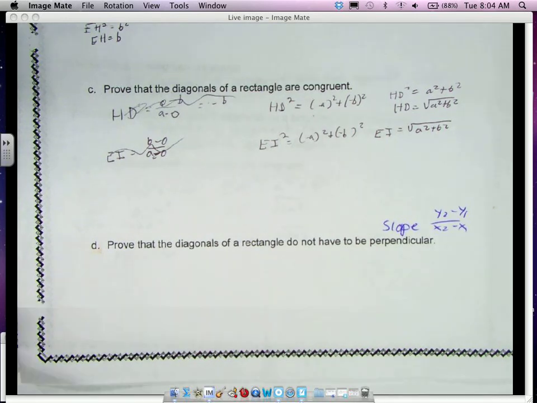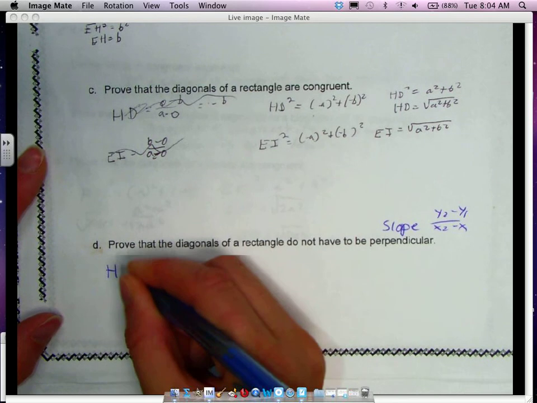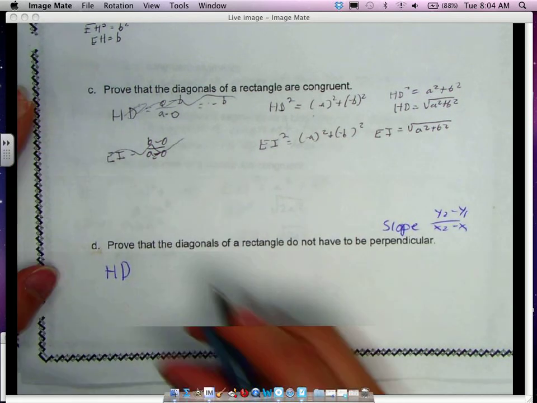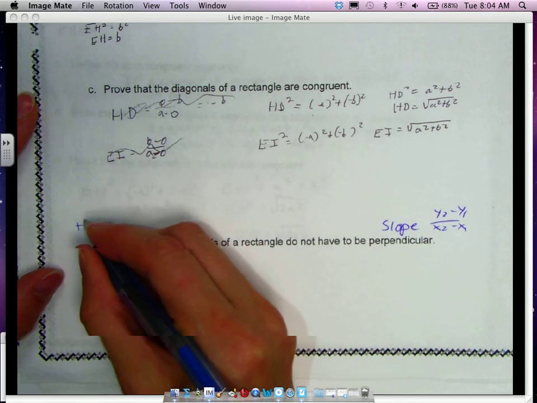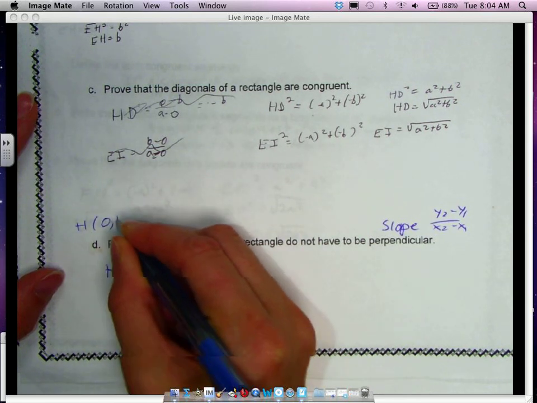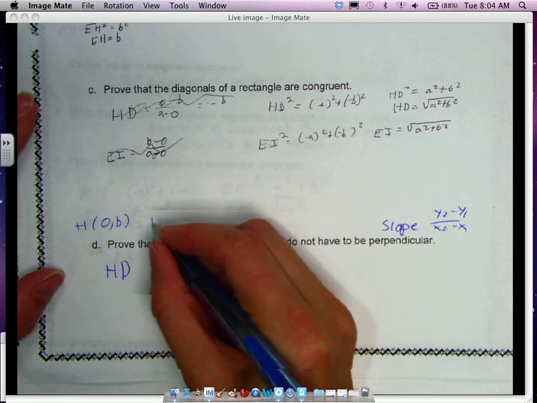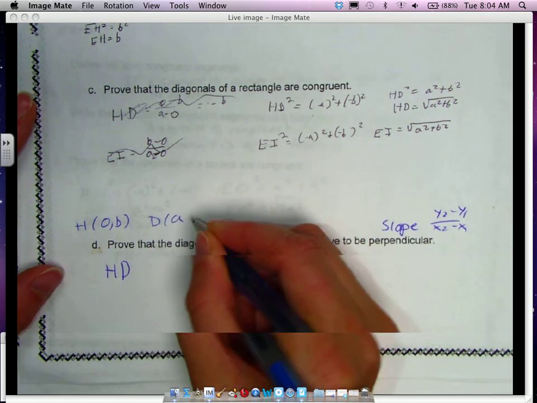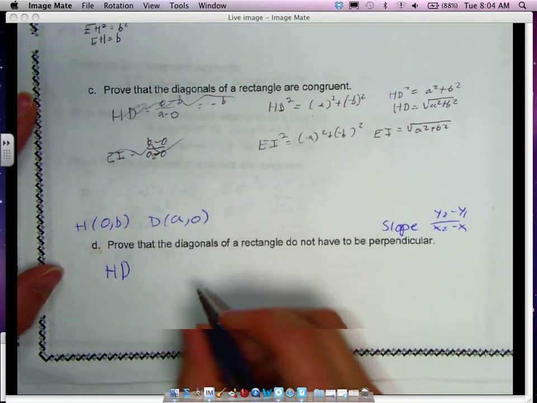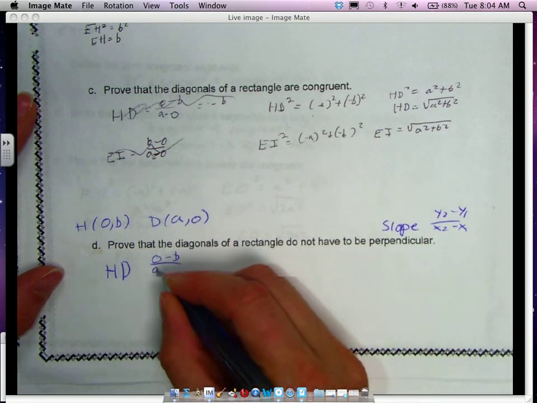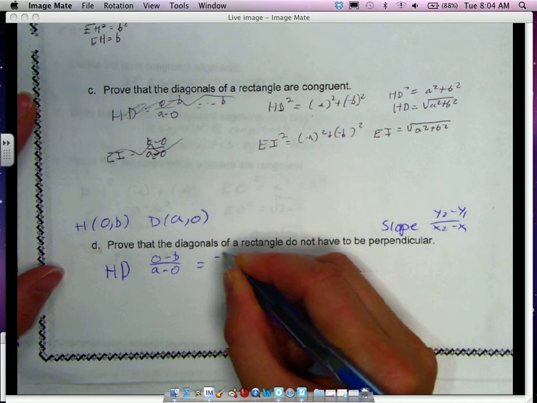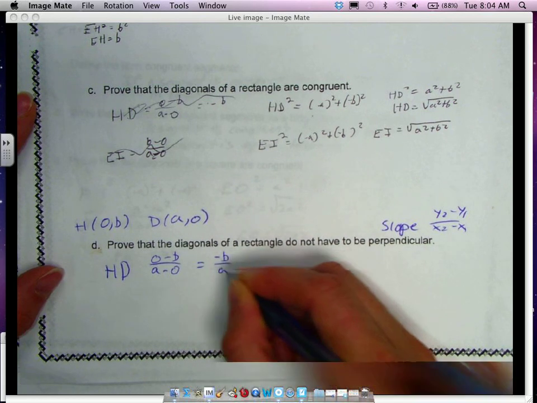Okay, so let's look. We've got H, D. So H to D, I know point H is 0, B, and I know point D is at A, 0. So I'm going to take the y's, so I'm going to go 0 minus B over the x's, A minus 0. So I'm going to get -B over A for HD.